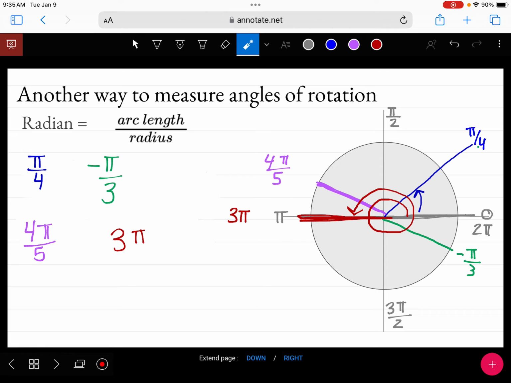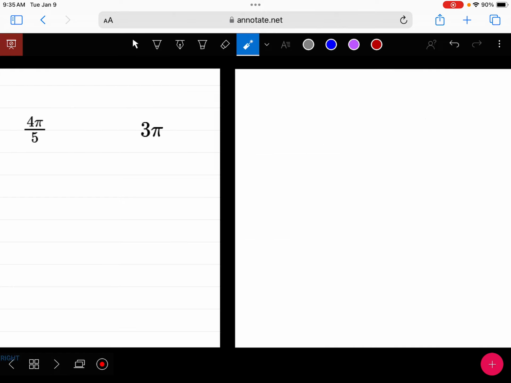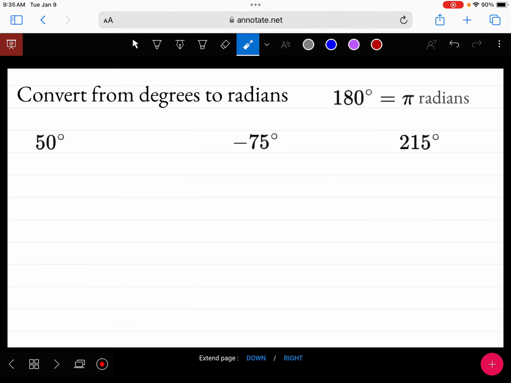So if I know that 0 is still the same, and I know that pi is the same thing as 180, we can convert. Those are the sketches that we just did. We're going to convert from degrees to radians and from radians to degrees. 180 degrees is the same thing as pi radians.